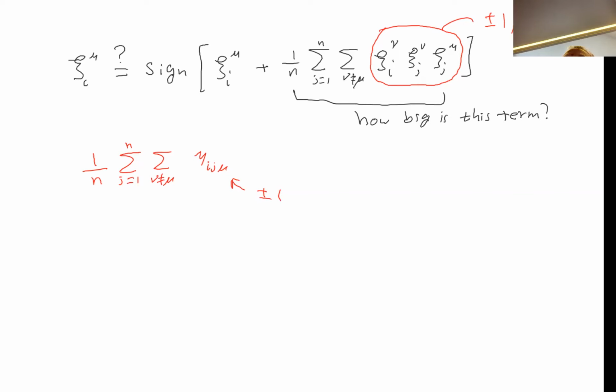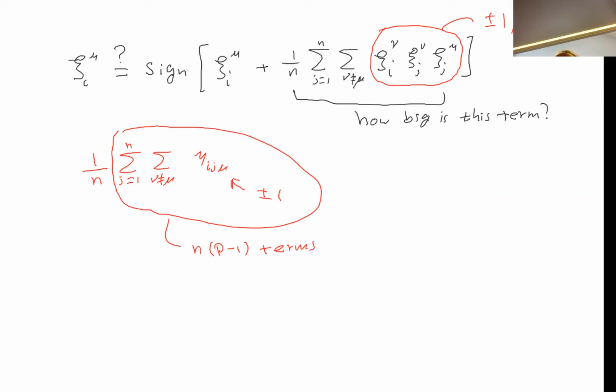So we have n times p minus 1 terms that are all random. So this term scales as the square root of n p minus 1.